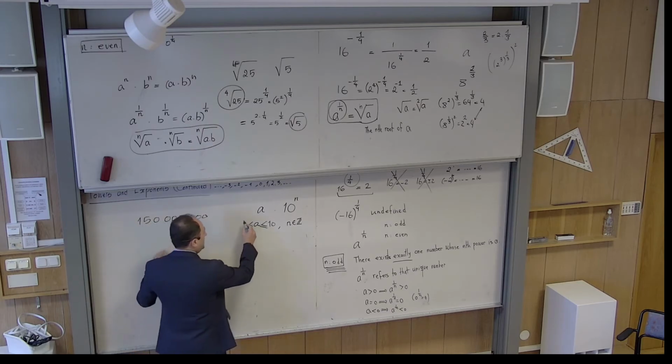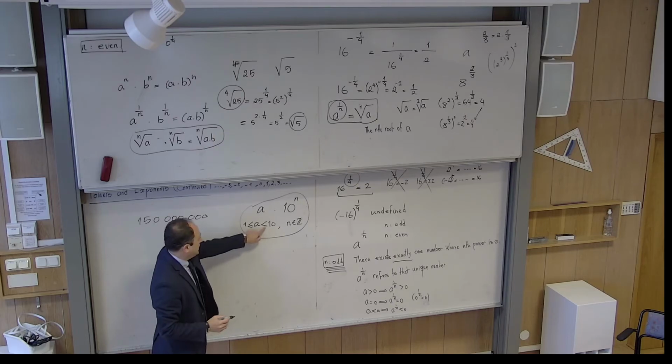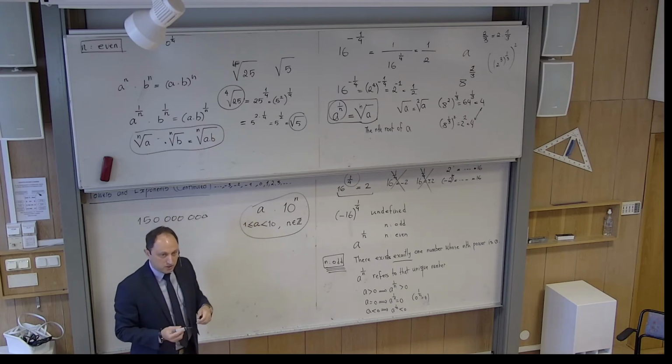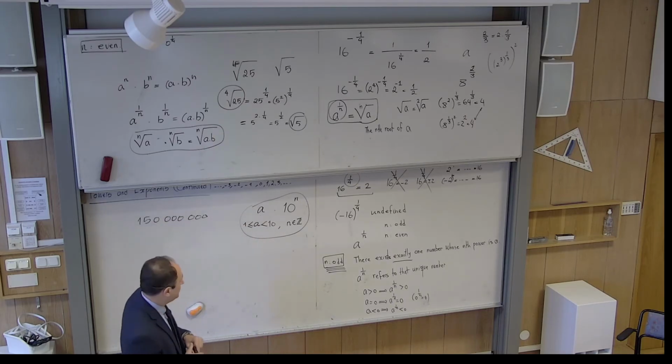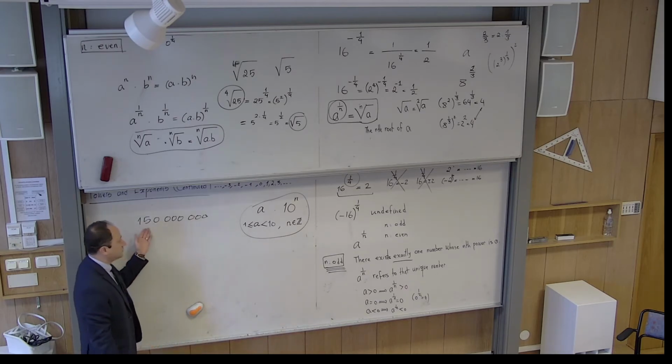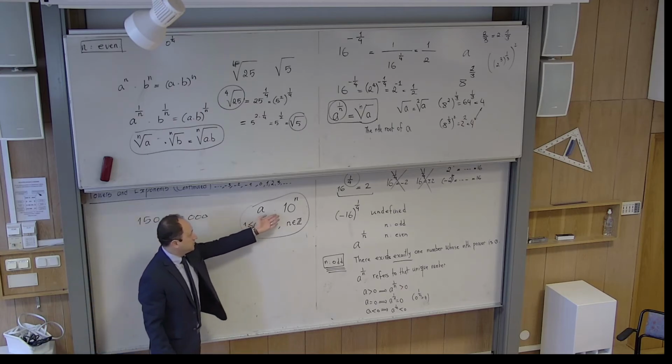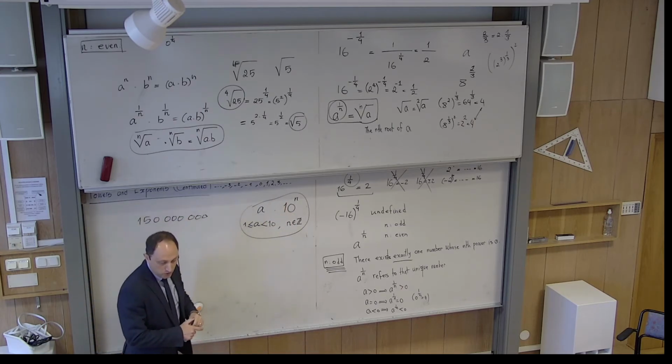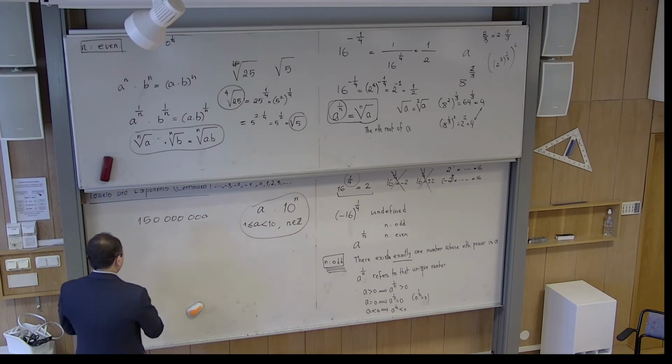If a number is written in this form, then you say that number is expressed in scientific notation. For example, is this number in scientific notation yet? No, because in scientific notation you need a power of 10 to appear. So what you do, you can write it like this.